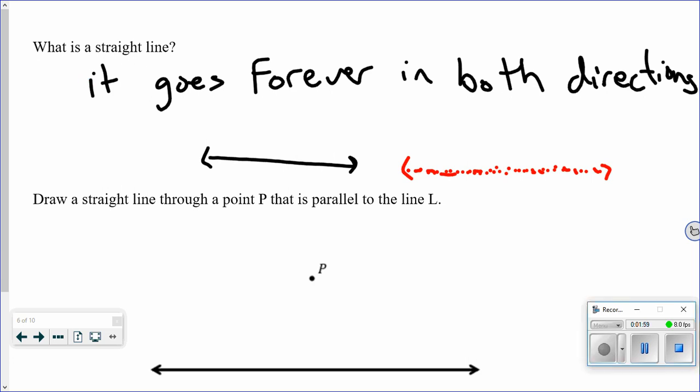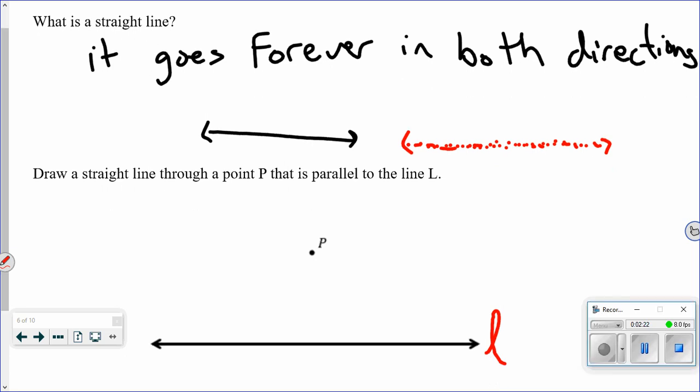So our next instructions are draw a straight line through point P that is parallel to line L. So please pause the video again and draw a line through P that is parallel to line L. So this could be line L. And please draw a line parallel to that through point P. So I have to go here.